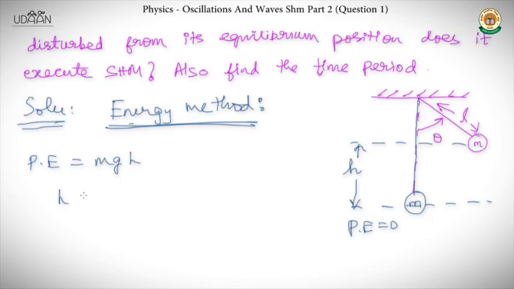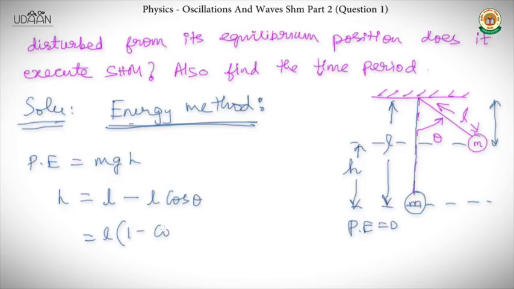Now h is L, the length of the string, minus this height, which is L cos theta. So h is L into 1 minus cos theta. So potential energy is mgL into 1 minus cos theta.